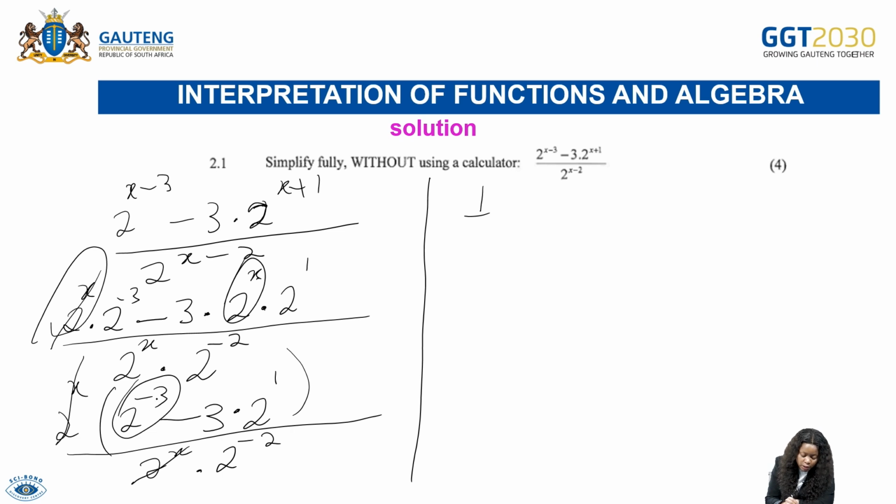Remember from the laws of exponents, if you have 2 to the exponent negative 1, you can write this as 1 all over 2 to the exponent 1. And if you have 2 to the exponent minus 3, you can write it as 1 all over 2 to the exponent 3.